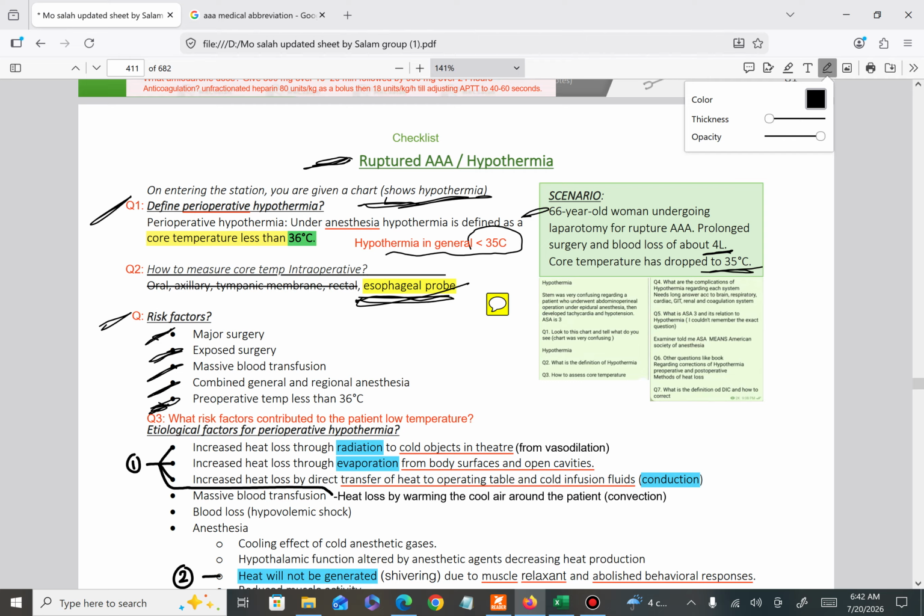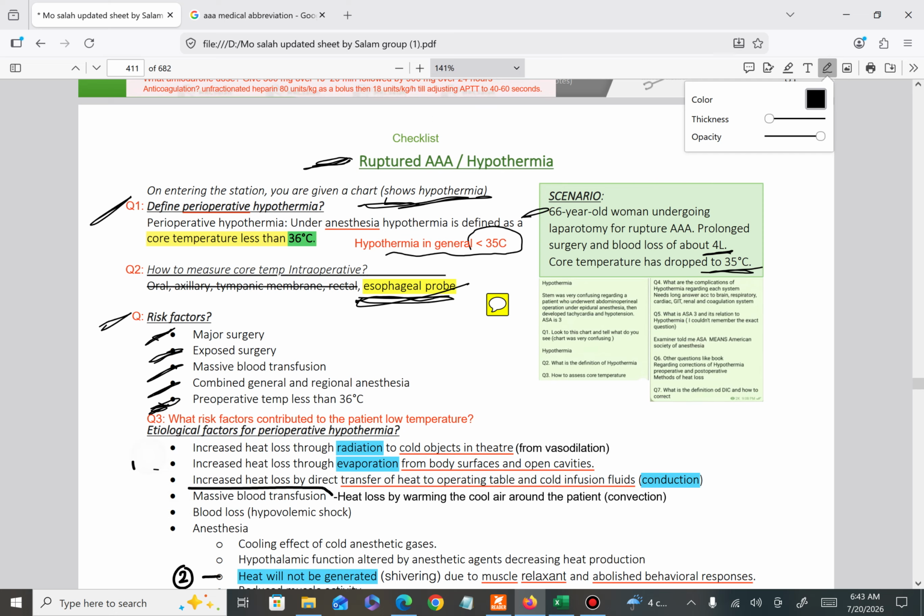Then the etiological factors for perioperative hypothermia.